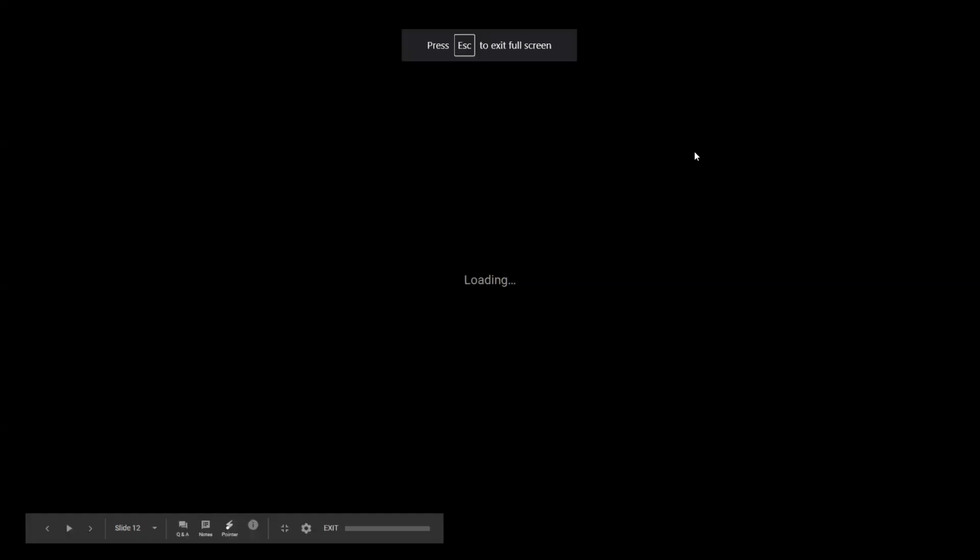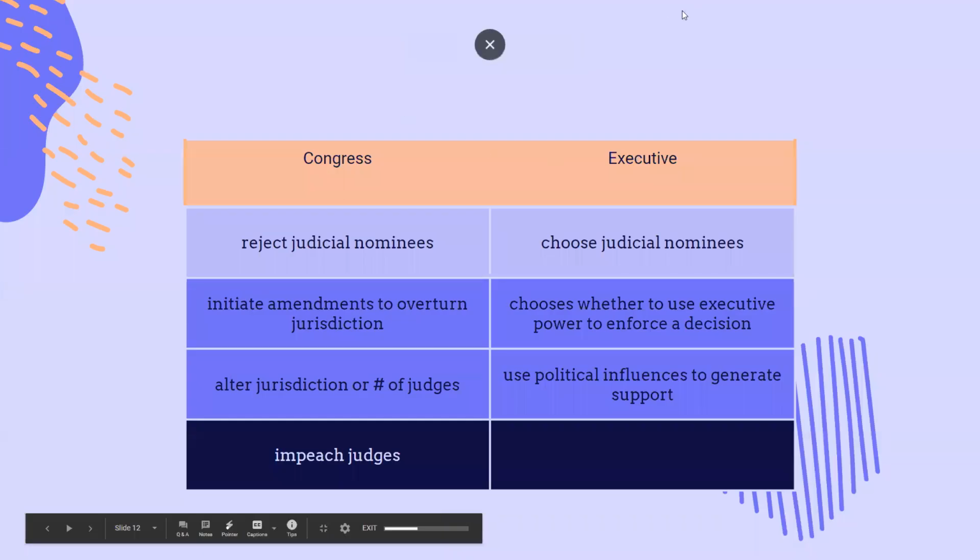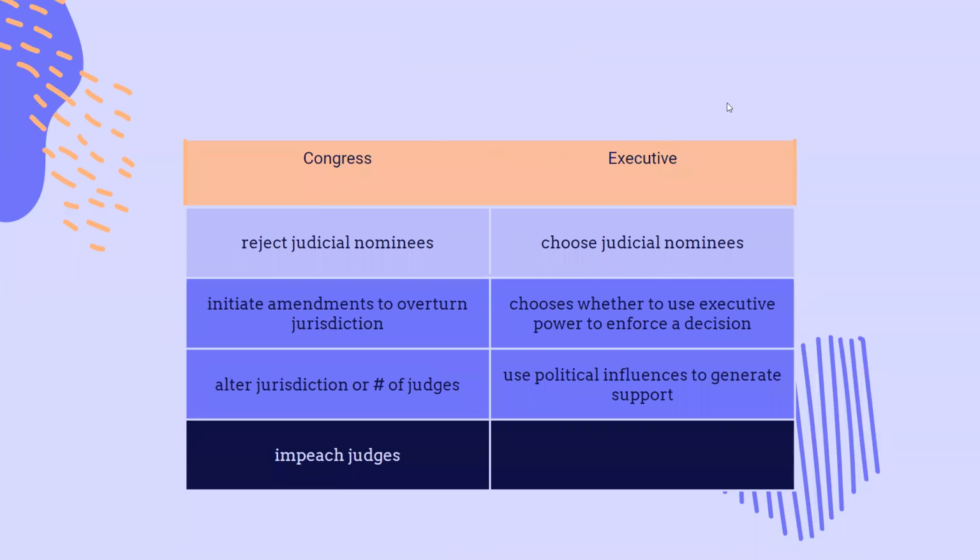Okay. So now we have congressional control and executive control on the judicial branch. And this is part of checks and balances, which are the three branches looking over each other. So Congress can reject judicial nominees.